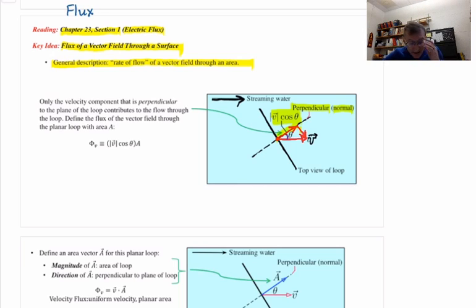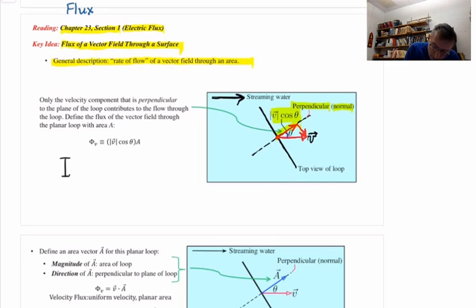So then, to get the flux of the vector field through the planar area with area A, here's the definition and the symbol. The symbol for the flux, in this case a velocity flux, is a capital Greek letter phi, and then I add a V subscript to denote that the vector field I'm calculating the flux for is a velocity field.